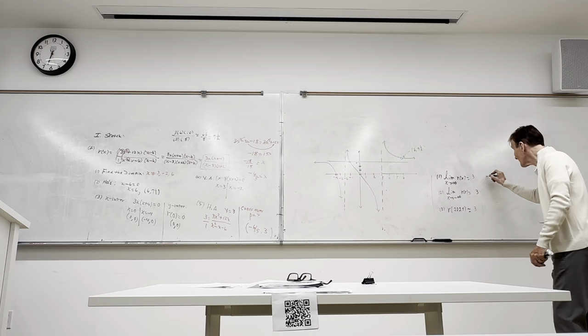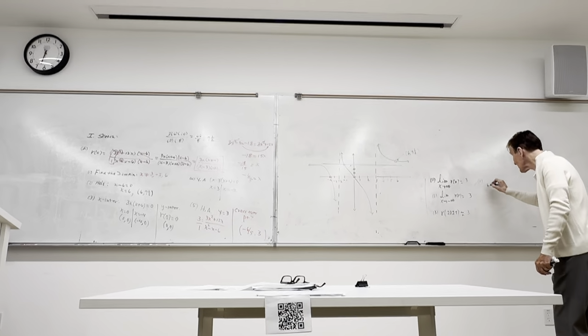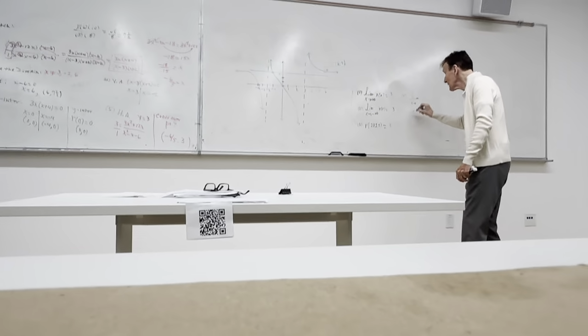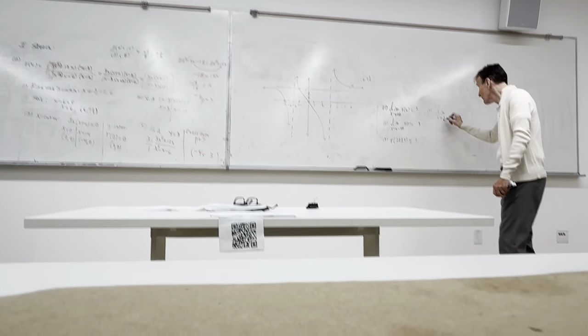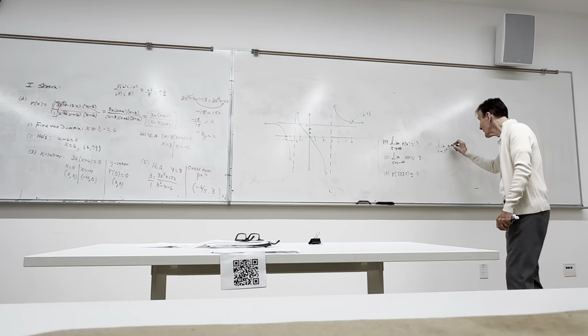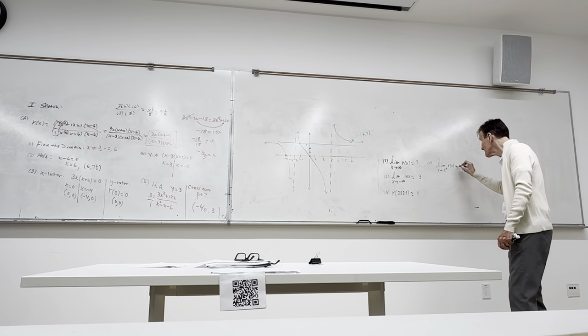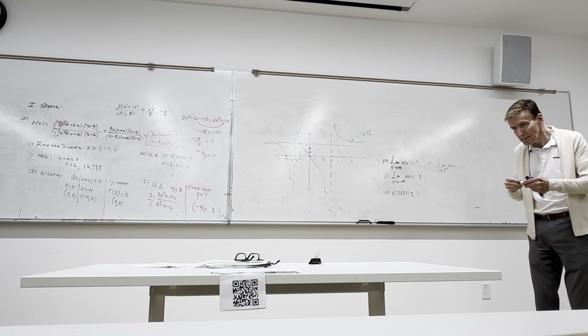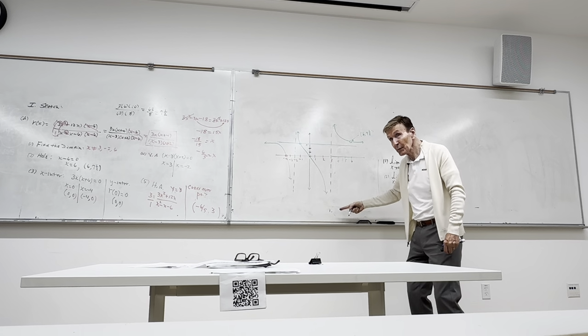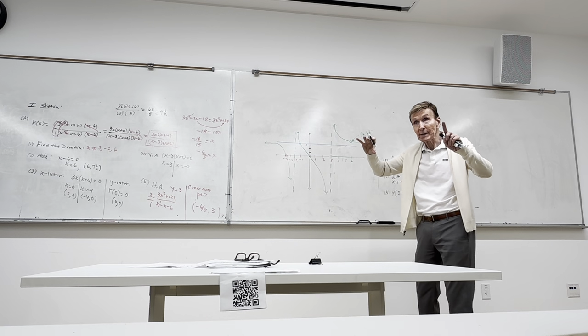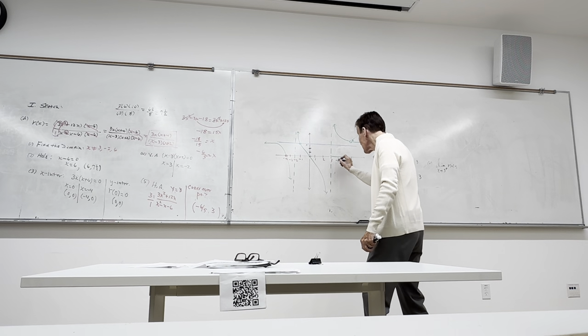Number 4, let's find the limit as x is approaching, let's approach one of these asymptotes. Let's approach 3 from the right of this function. A little superscript with a positive sign. Here's my 3. It says stay on the right of it. So I'm going to stay on the right, but I won't approach it.